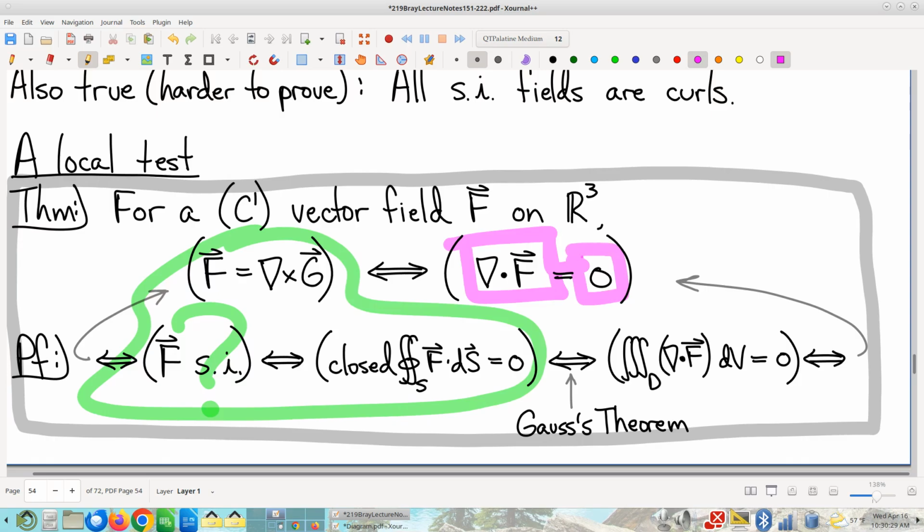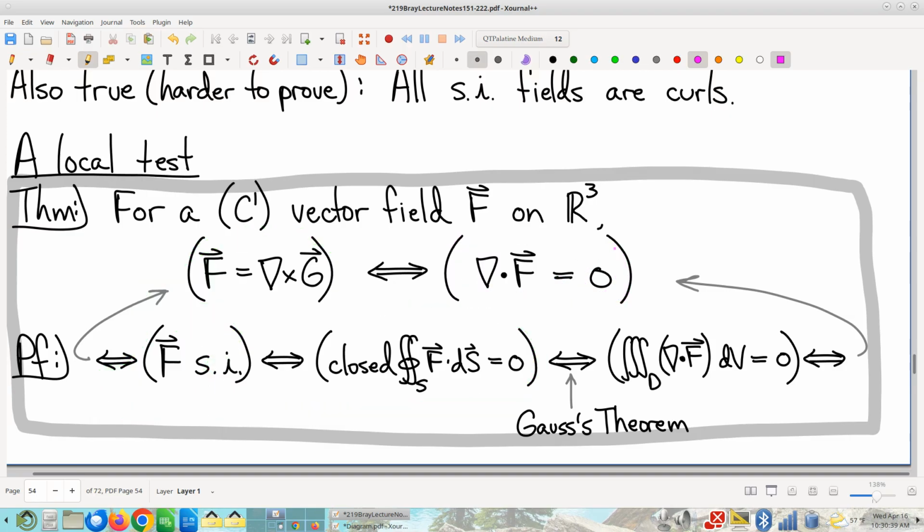If the divergence is constant 0, then yes, it is surface independent. And if it's not, then it's not. Okay. Let's do an example.